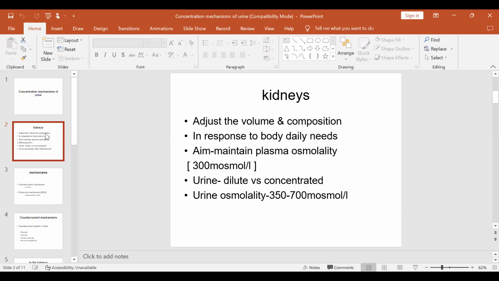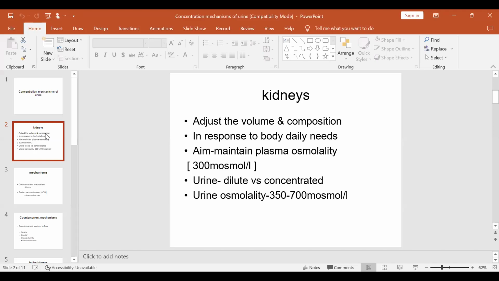Therefore, from the outset, you can see that if you want to control body osmolarity, you must either pass a lot of urine or conserve urine. If you pass a lot of urine, the urine is going to be very dilute in terms of osmolarity. If you're going to conserve water, then the concentration of urine is going to be high.